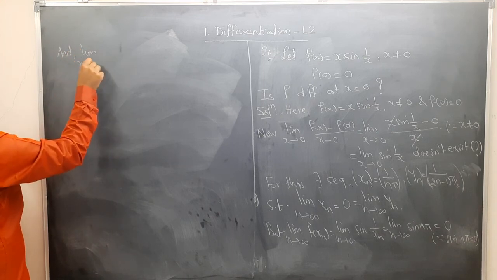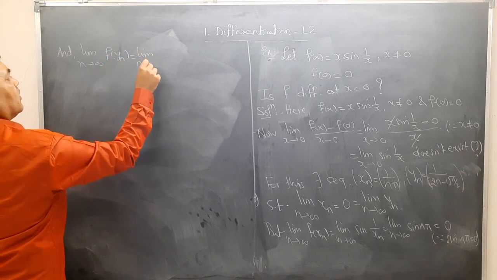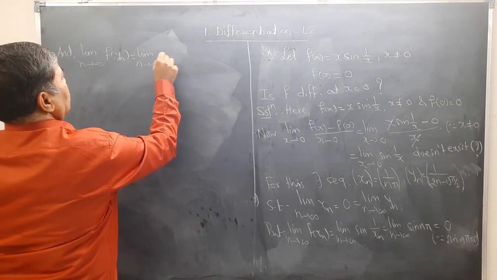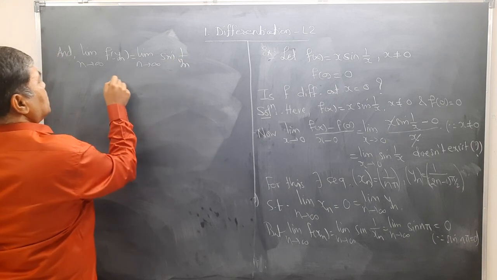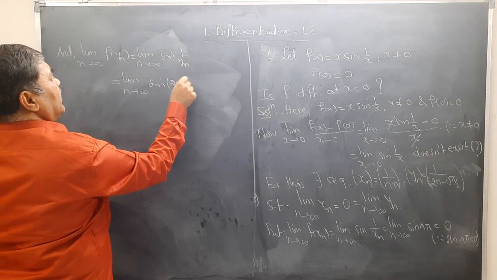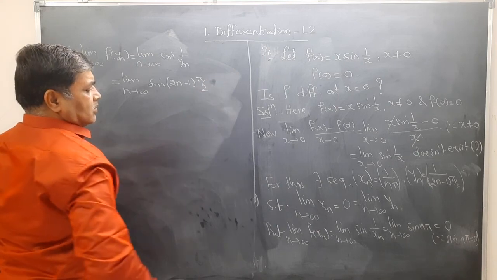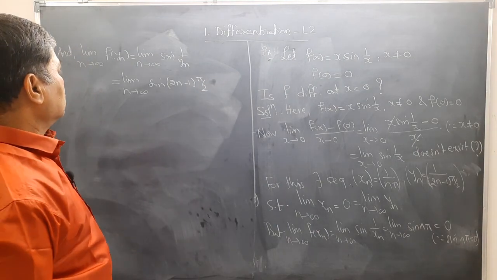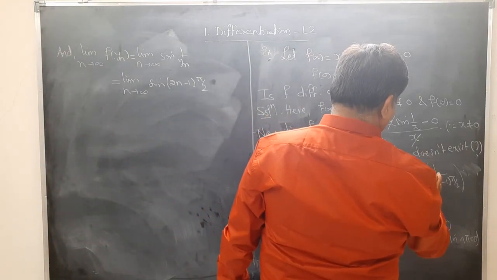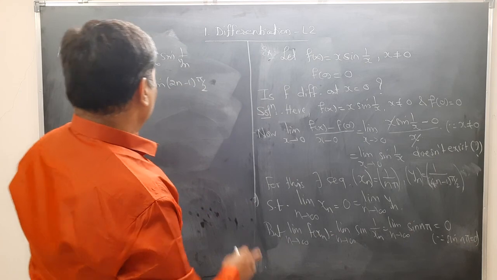And the limit as n tends to infinity of f(yn) is equal to the limit of sin(1/yn), which is equal to the limit of sin((2n minus 1) pi by 2), which is nothing but, here I'll take instead of 2n minus 1, if I take (4n minus 1) pi by 2, okay.